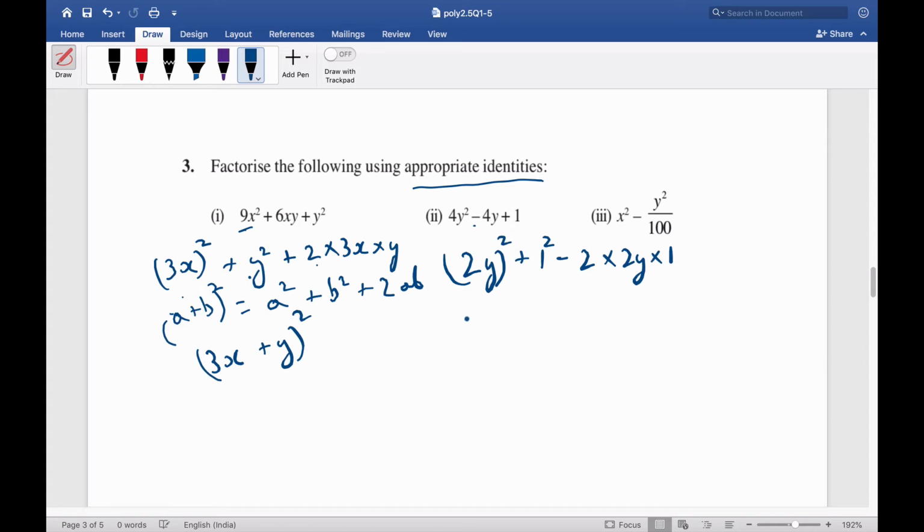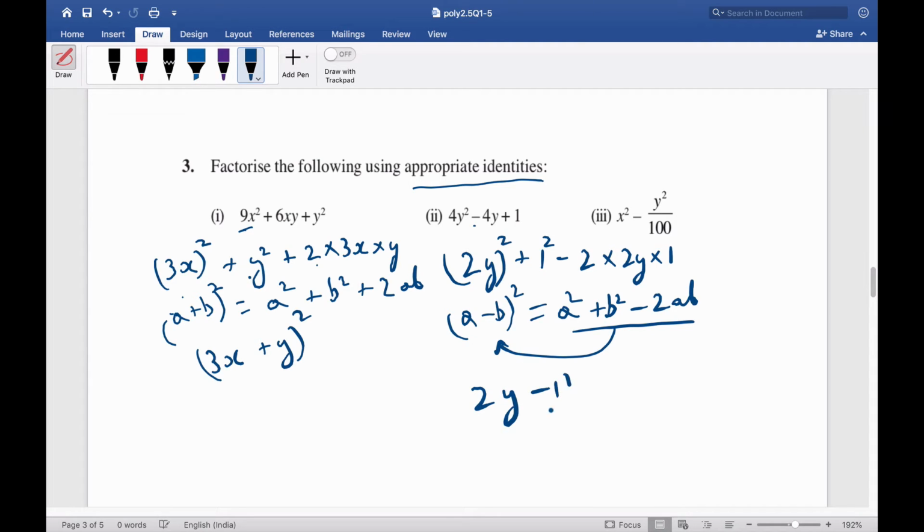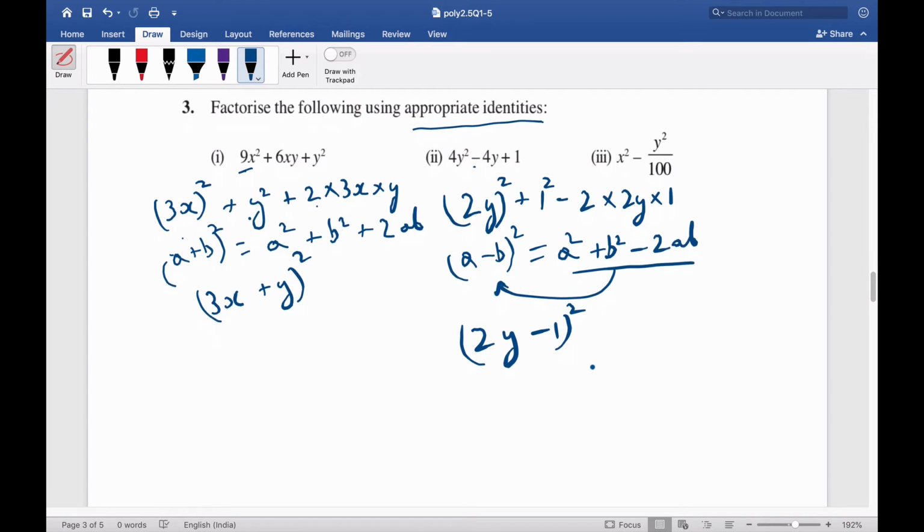So it is definitely the identity of a minus b whole square is equal to a square plus b square minus 2ab. So I have this side, it will be converted to this side. I will get 2y minus 1 whole square.